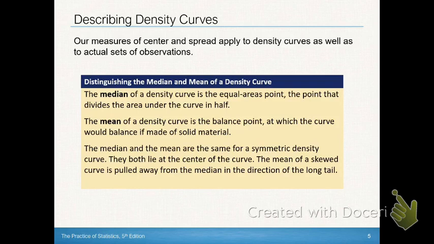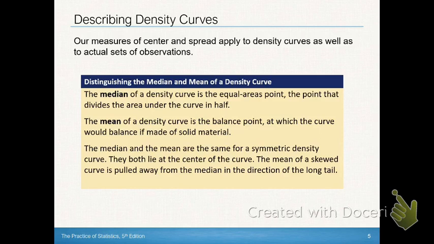And if your data is symmetric, then the median and the mean are going to be in the exact same spot, right in the middle. However, if your data is skewed, whichever way the skew is, that pulls the mean in that direction. So if your data is skewed to the right, that means your mean gets pulled to the right, or in other words, your mean gets a little bit larger.